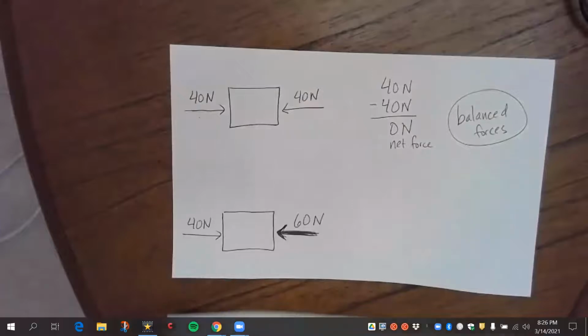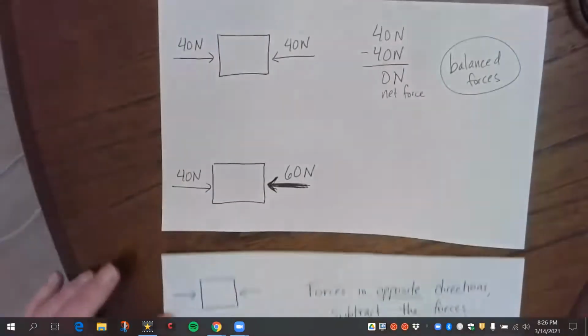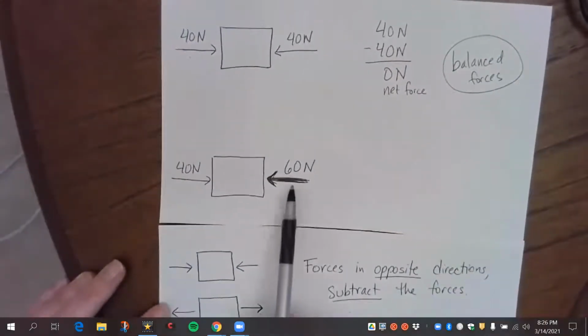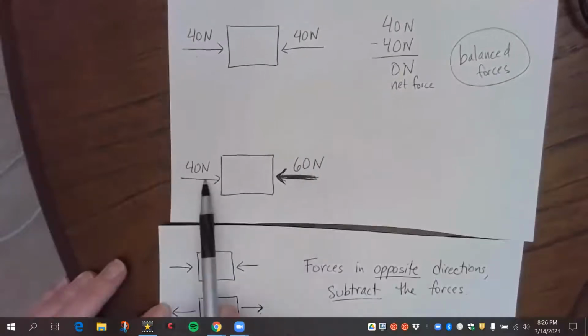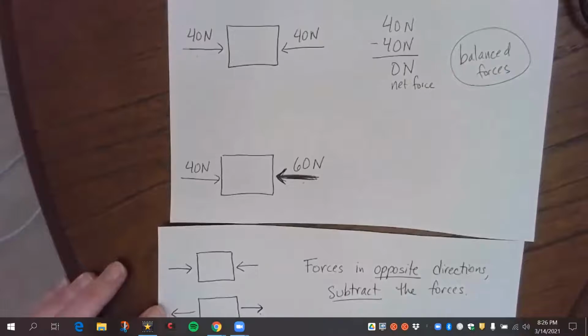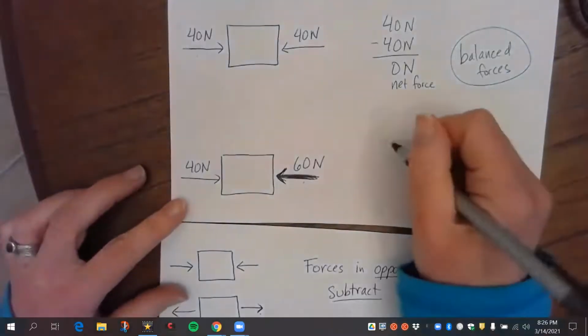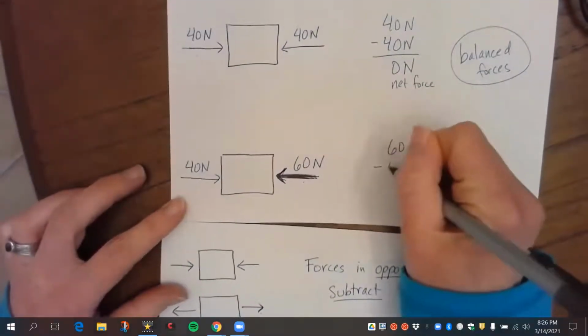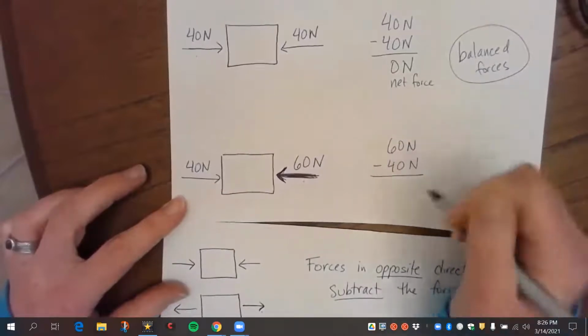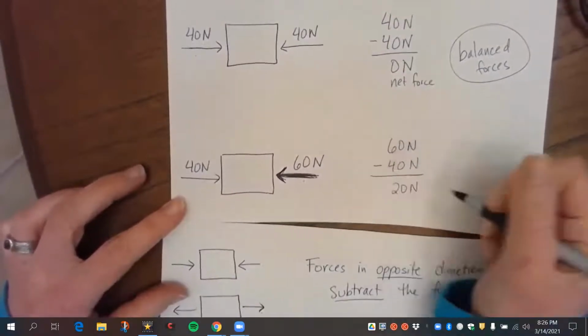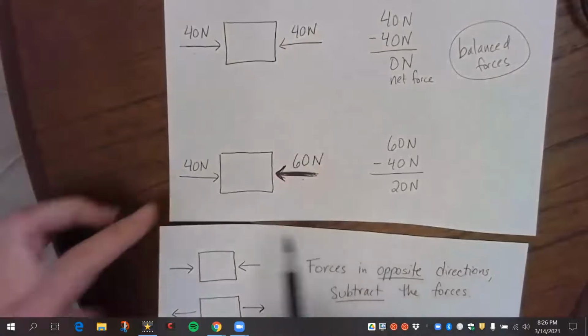The next example, we also have opposite direction forces. You can see I drew one force arrow a little bit larger, darker, because it's a greater force than the other. They are in opposite directions, so we need to subtract them. So I'm going to do 60 newtons minus 40 newtons, and our resultant force, or our net force, is 20 newtons. Now, these forces are not balanced.